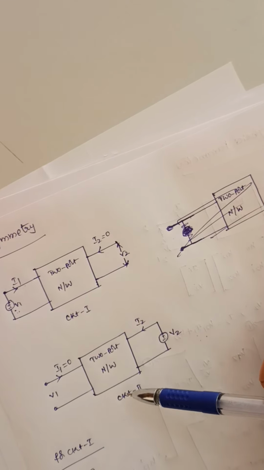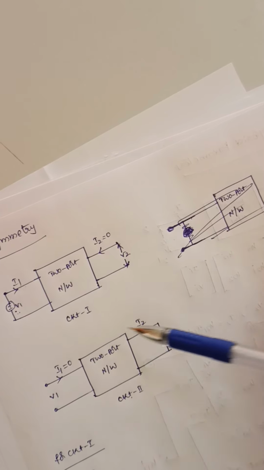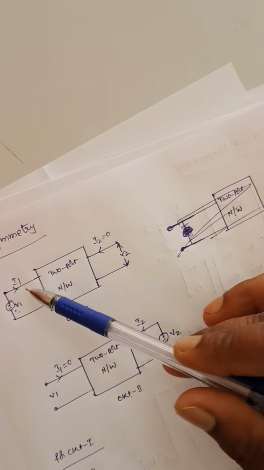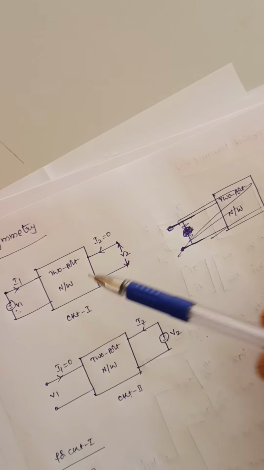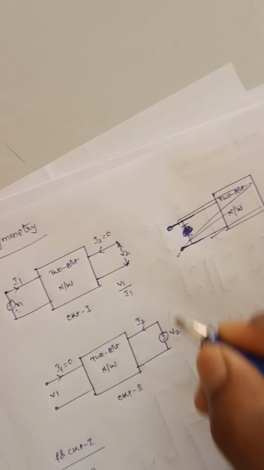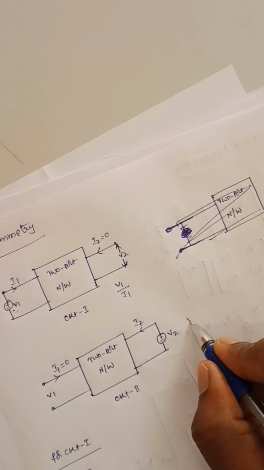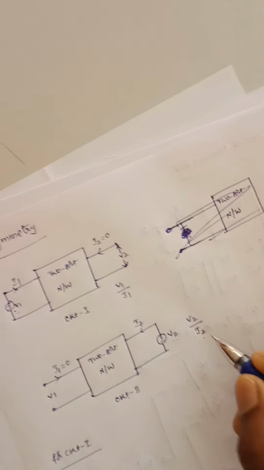In circuit 2, I am interchanging this excitation from here to here, the response also from here to here. So here the ratio of excitation to response is V1 by I1. Here the ratio of excitation to the response is V2 by I2.